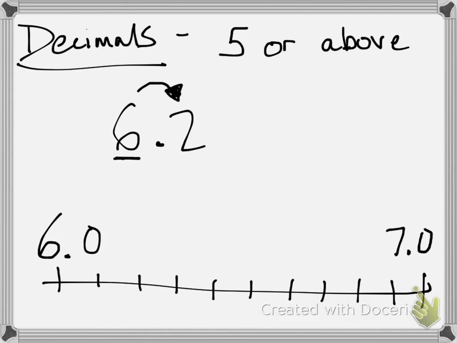So when we're deciding to round up or down, we're really saying that if I'm here, am I closer to 6 or am I closer to 7? And of course, visually we can see we are closer to 6. And if we think of our rule, it's not 5 or above, so we are not going up.